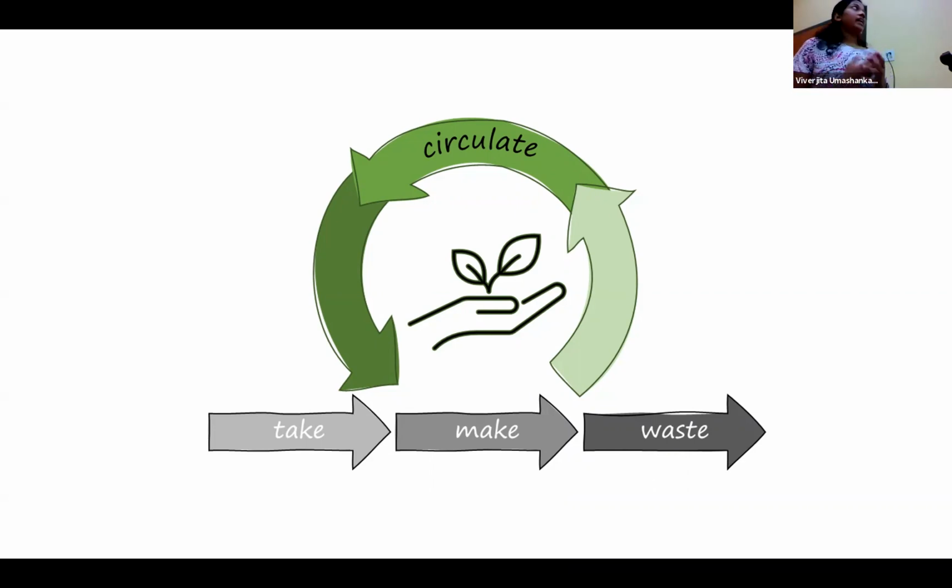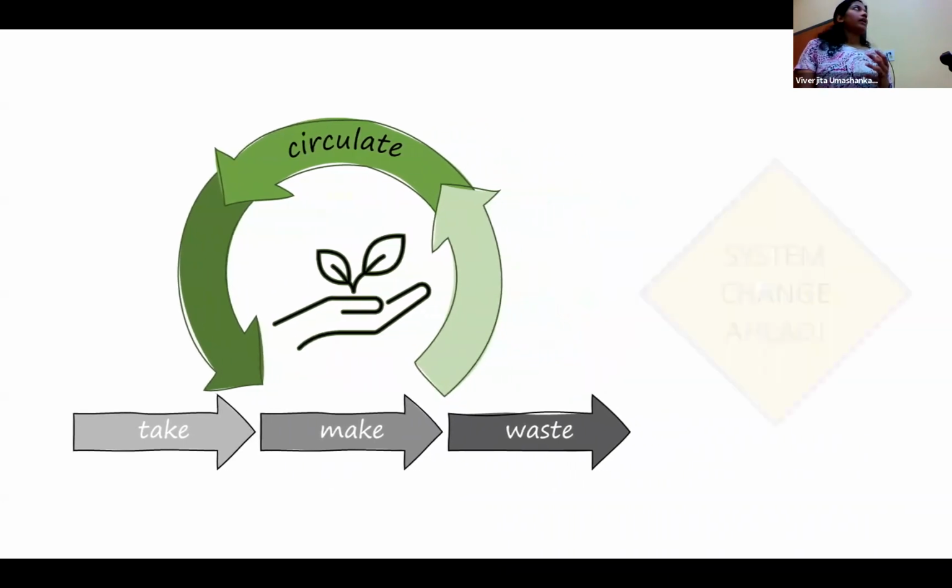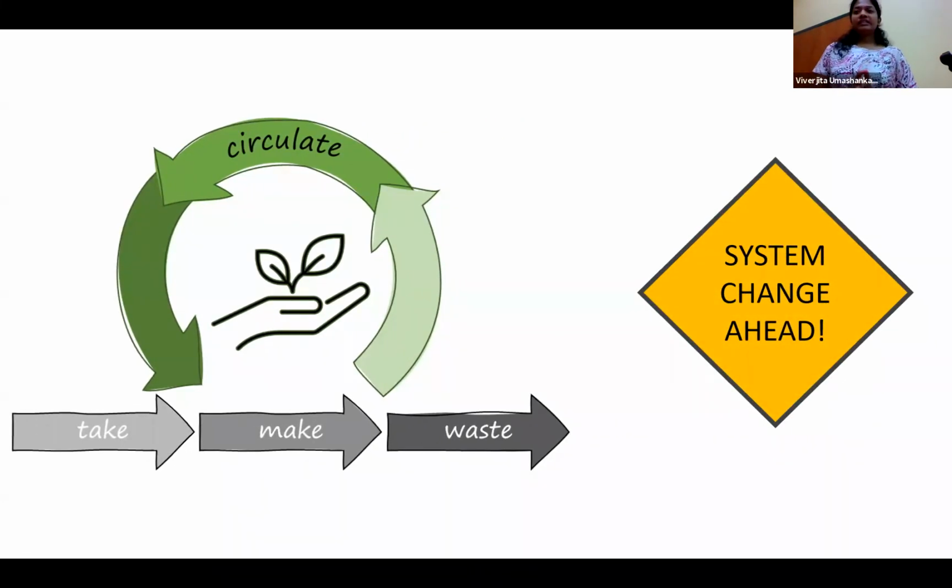And to really make that happen, we are having a systems change ahead. And that means rethinking how products are made, how they are disposed, rethinking if we need a product or a service provided by the product, and also rethinking what changes we need to make in the system in order to achieve this vision.